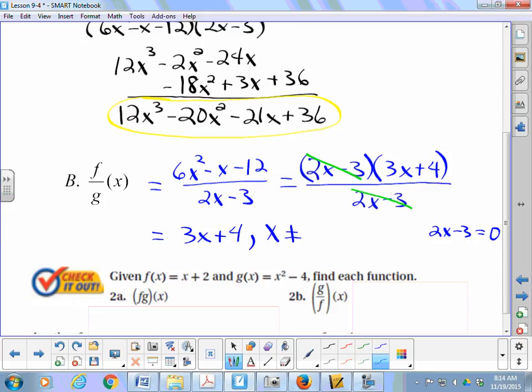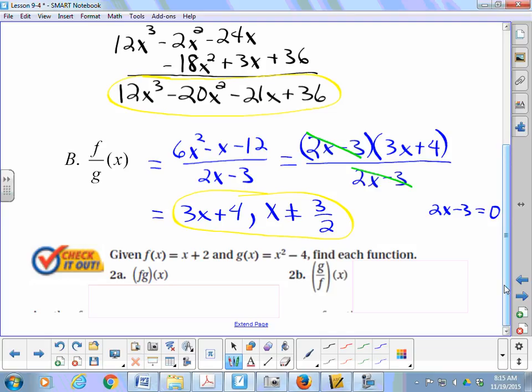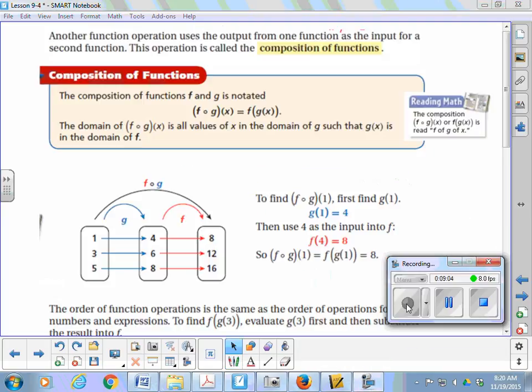So we have to add 3 and then divide by 2. So x cannot equal 3 over 2, or if you desire, 1.5. So let's do the dividing one here.